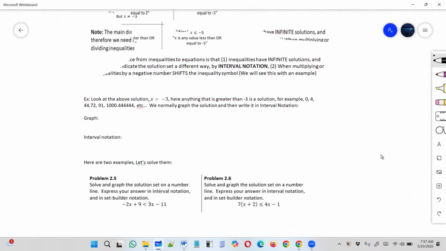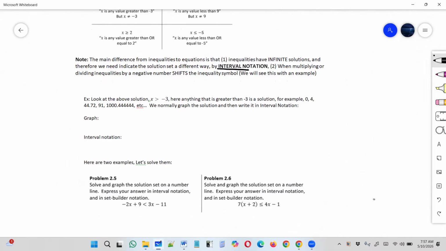Now, because the answer has to be in interval notation, we need to be able to write this in the way that the answer must be written. So, for example, let's say you worked the problem and you ended up with x greater than -3.